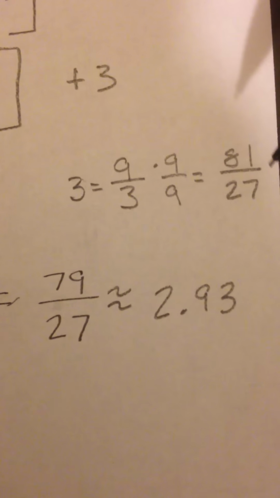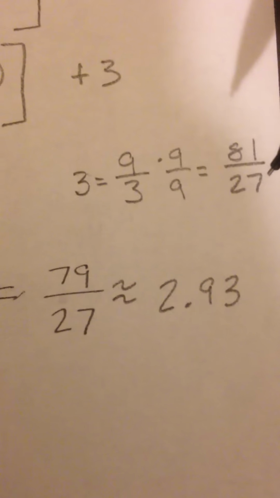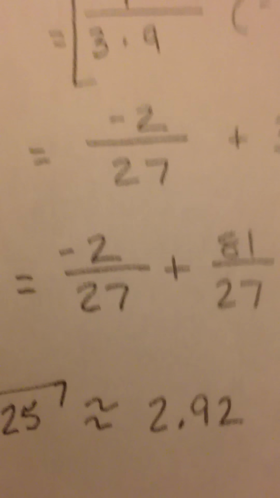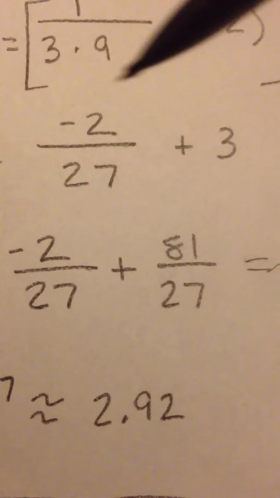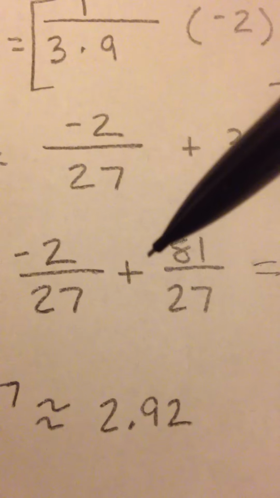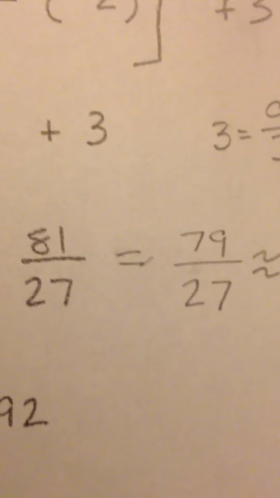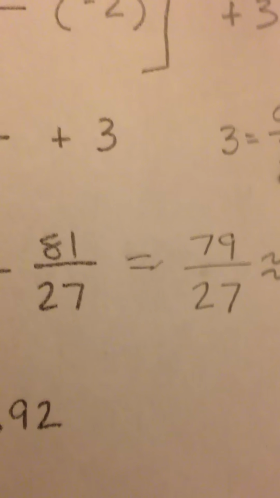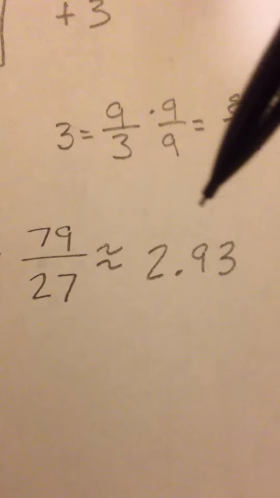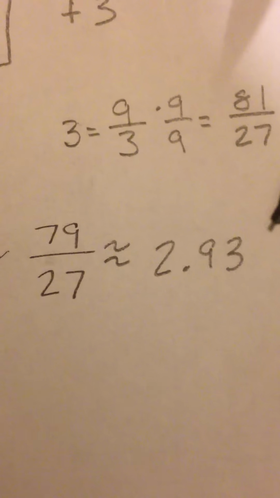Okay, so now we have numbers we can work with because they have a common denominator. So that takes us to here. Negative 2 over 27 plus 81 over 27, which is equal to 79 over 27, which is approximately 2.93.